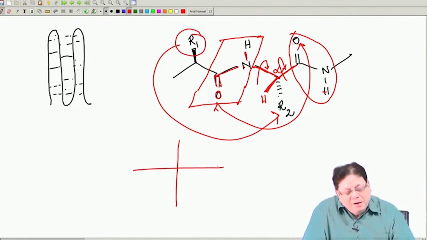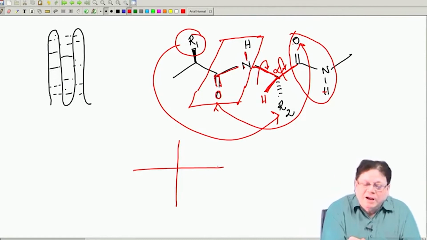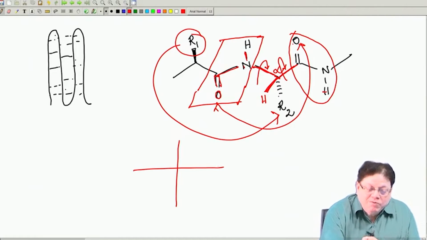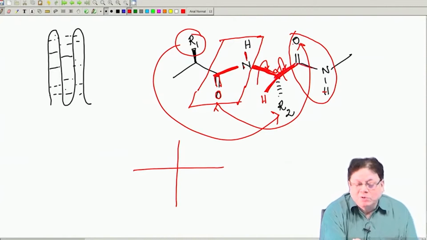Okay. Now, before doing that, he defined two angles. See, you have a framework which is planar, that means this carbonyl and this carbon nitrogen, this carbon carbon bond, this is the backbone of the protein.